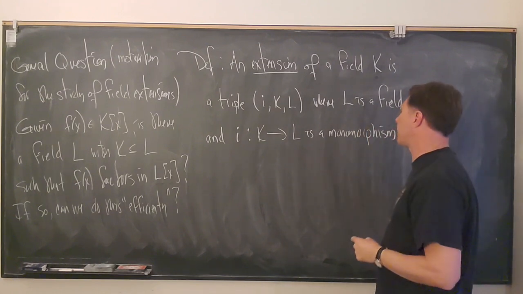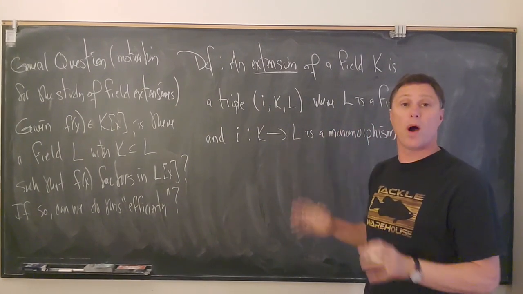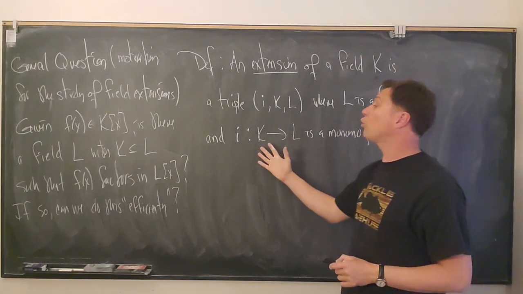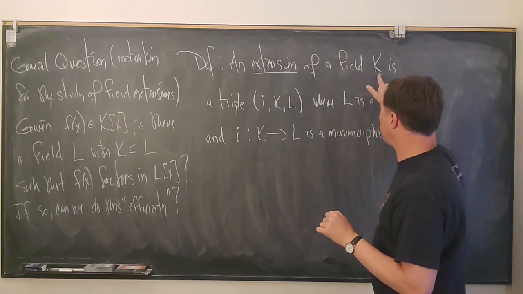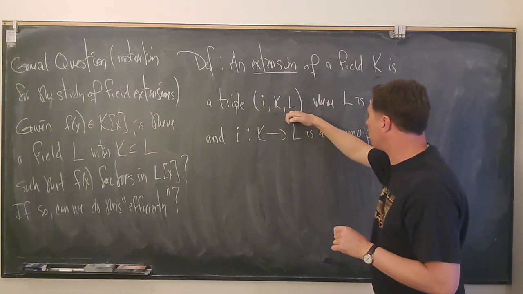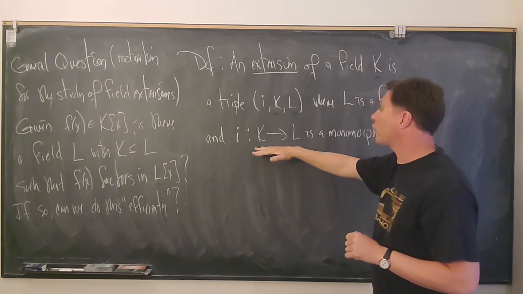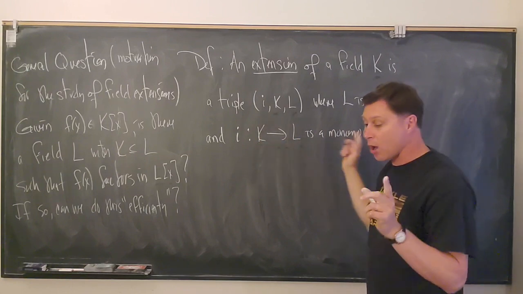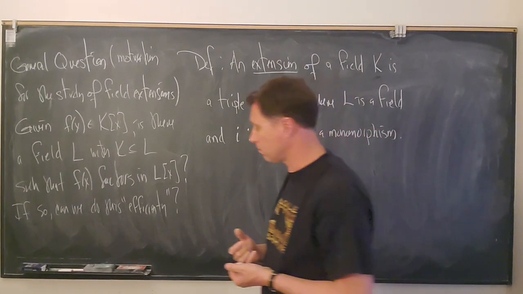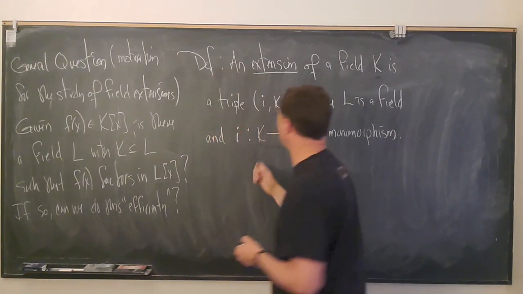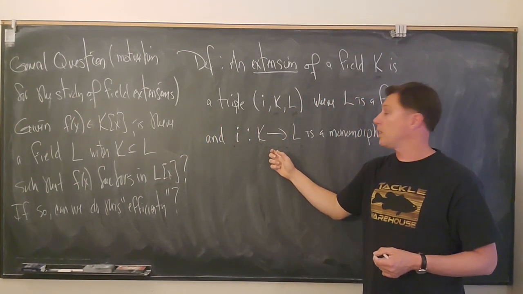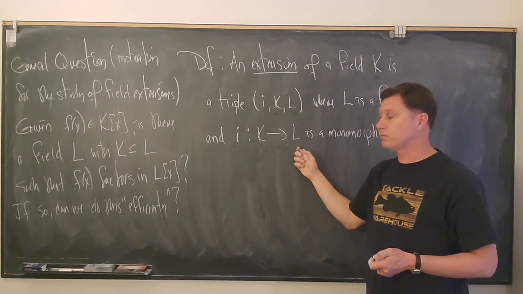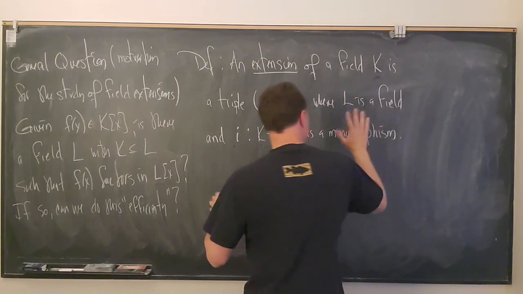So in this setting, remember, monomorphism means one-to-one homomorphism. Here we're talking about ring homomorphism. So an extension of a field K is a triple IKL, where we have a field and a ring monomorphism from K to L. Now, when we have this, because it's a monomorphism, the image I of K is a subfield of L. Right, so that's the end of the definition.